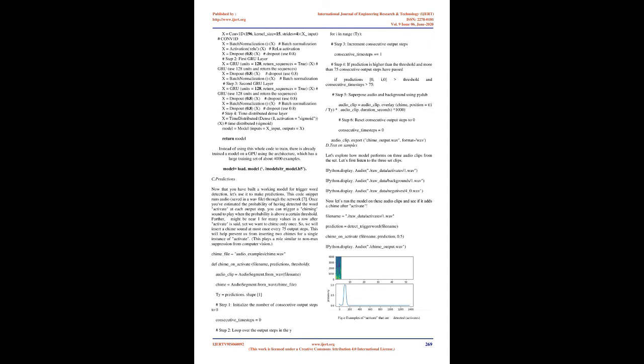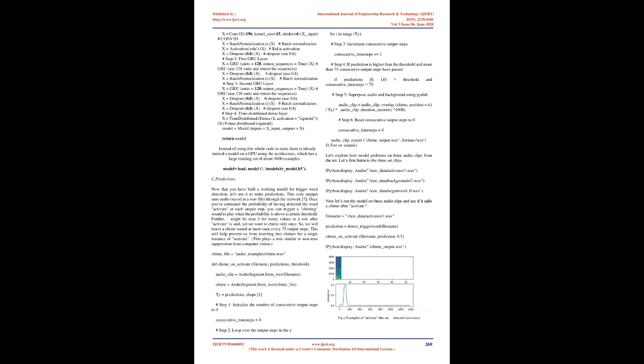# Step 2: First GRU layer. X = GRU(units=128, return_sequences=True)(X) # GRU (use 128 units and return the sequences). X = Dropout(0.8)(X) # dropout (use 0.8). X = BatchNormalization()(X) # Batch normalization. # Step 3: Second GRU layer.